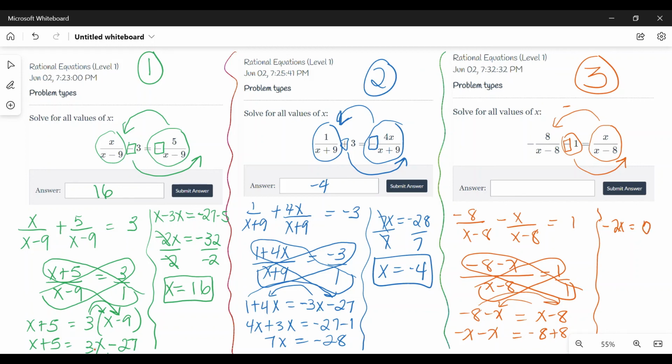Therefore, x is equal to 0 because 0 is the only number you can multiply negative 2 by to get 0. And again, you want to go ahead and plug that into your original equation just to make sure you don't have an extraneous solution.